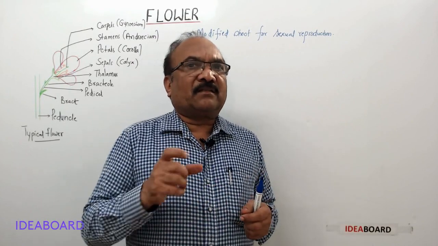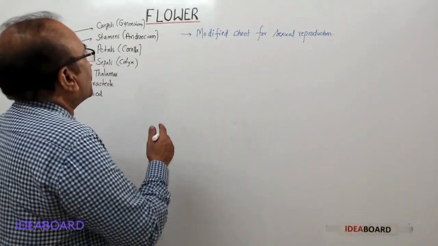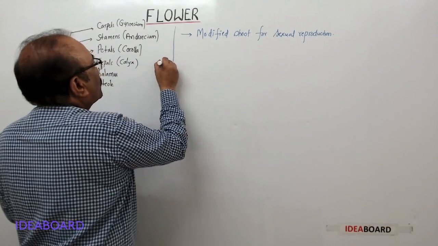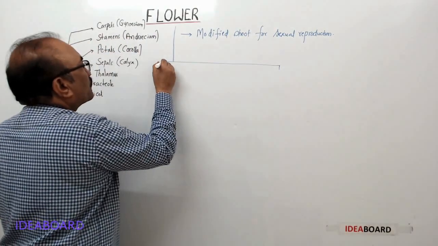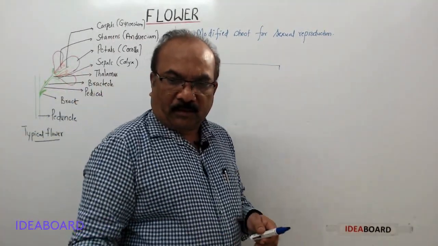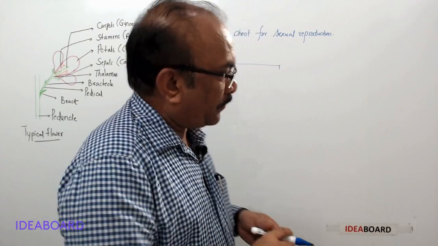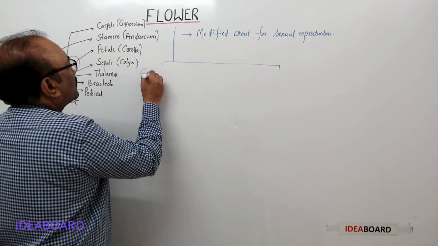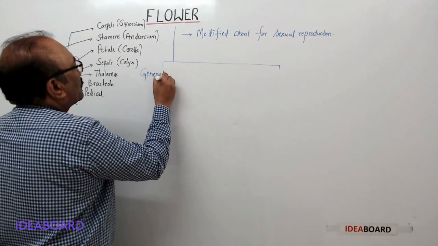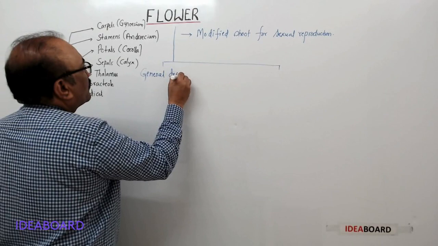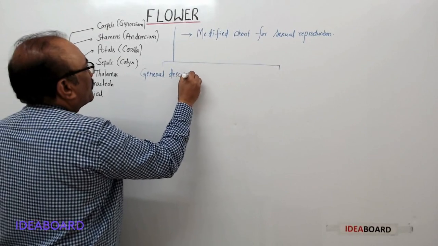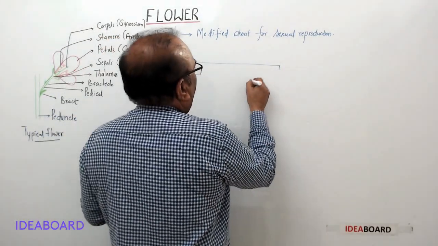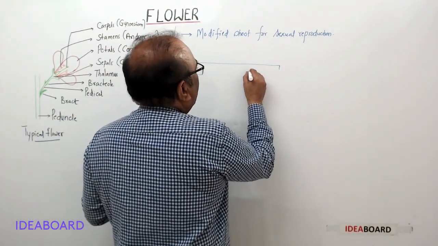Generally, in taxonomy, the flower is described under two headings. One is general description of the flower, and the other one is detailed description of the flower.